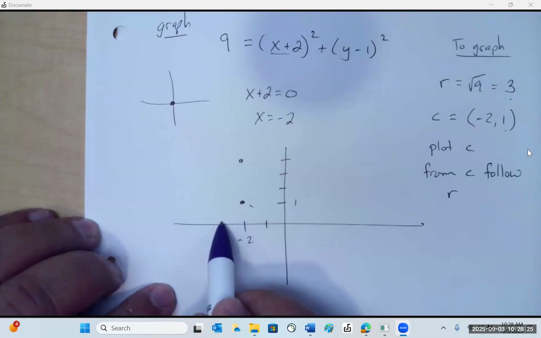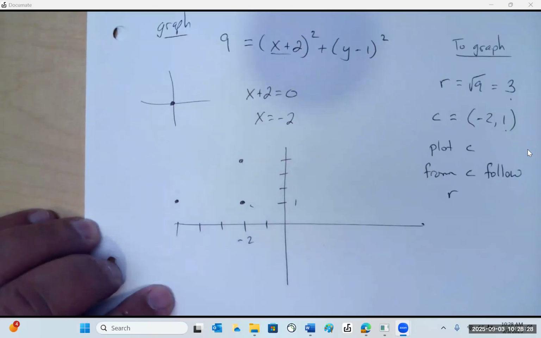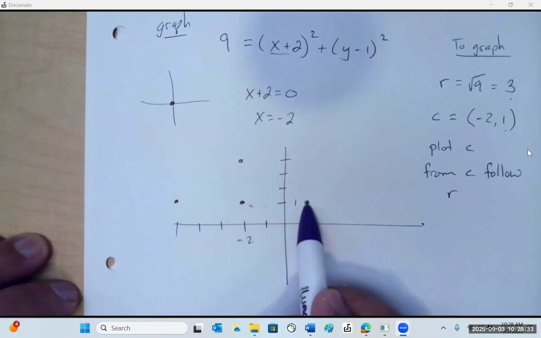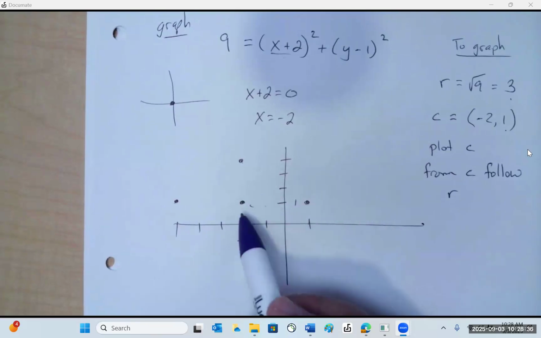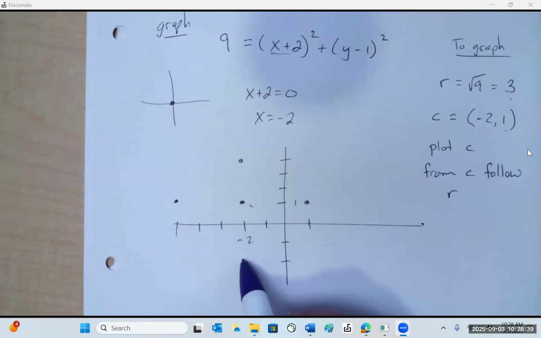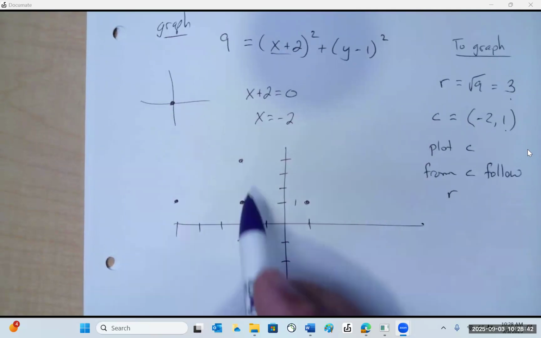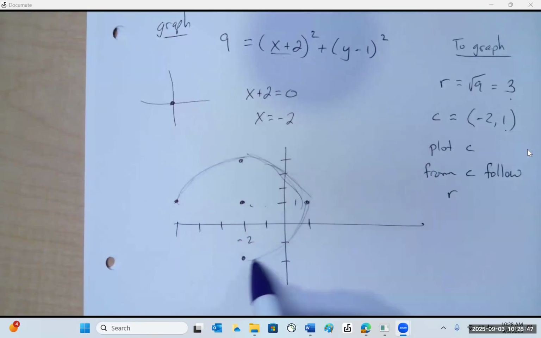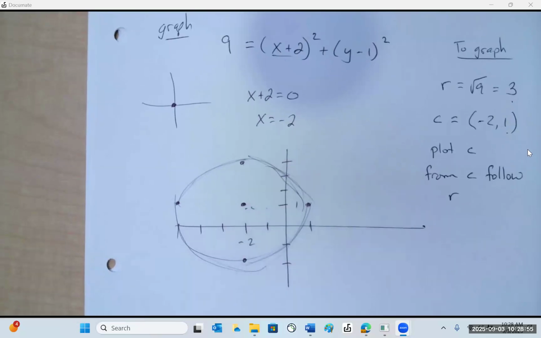I go to the left 3, put a dot. I go to the right 3, 1, 2, 3, put a dot. I go down 3, 1, 2, 3, and put a dot. Connect the dots. And there's your circle. Once you find the center, you find the 4 points and then connect them. That's how you draw a circle.